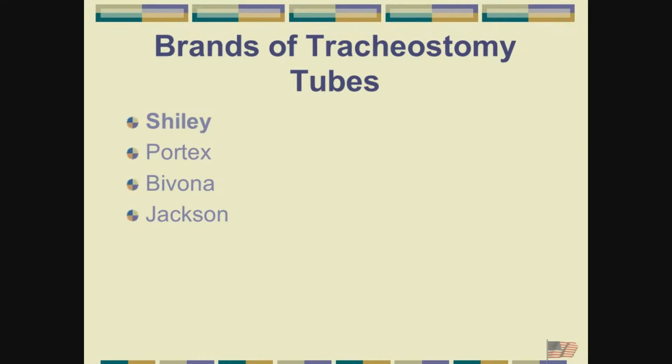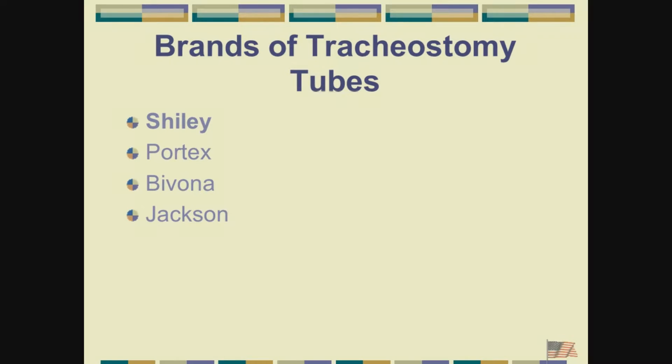Jackson, named for Chevalier Jackson, who was one of the physicians who, I don't want to say revolutionized, but basically developed the tracheostomy or tracheotomy procedure. He was the surgeon that basically created it and created the first trach tubes and the whole process.